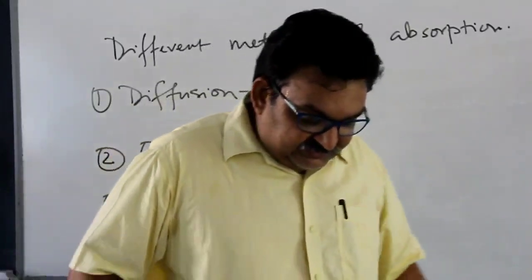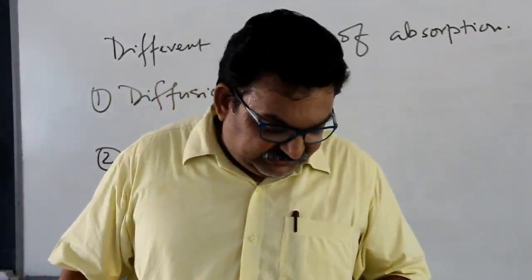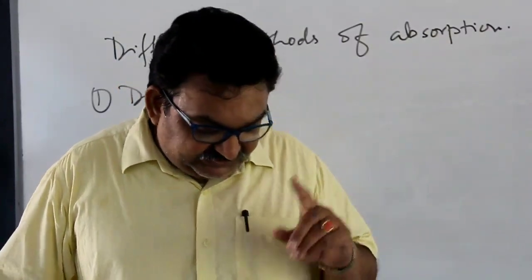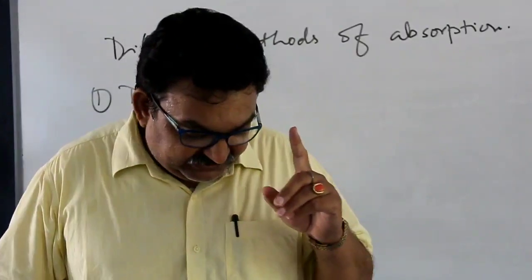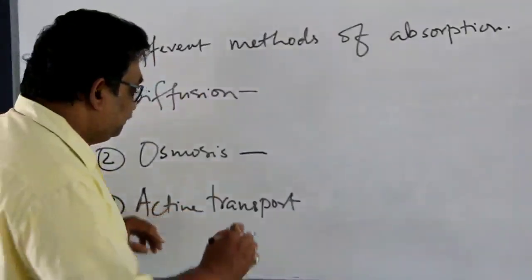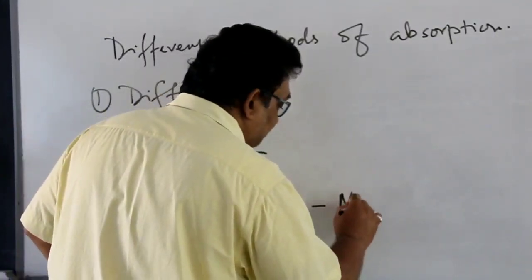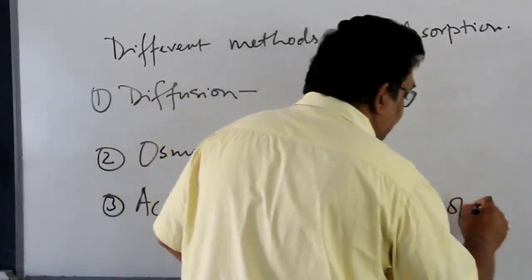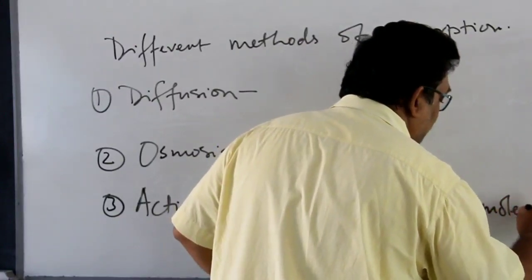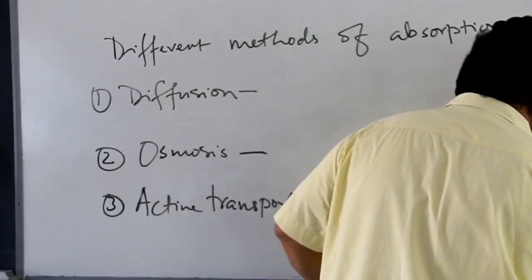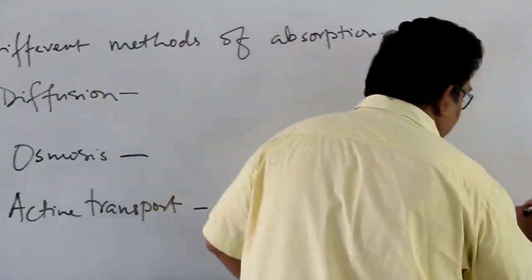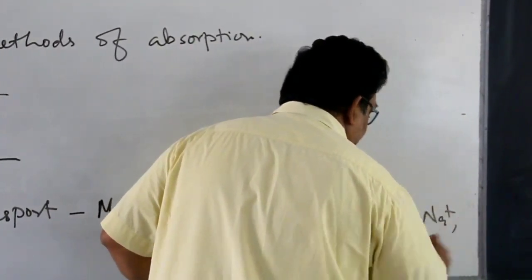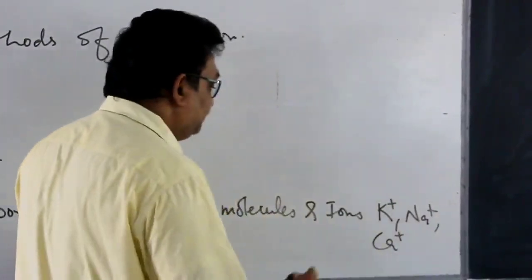Here the transport of molecules and ions, let us assume potassium ions, sodium ions, calcium ions or so, is against the concentration gradient. Here energy is being used.